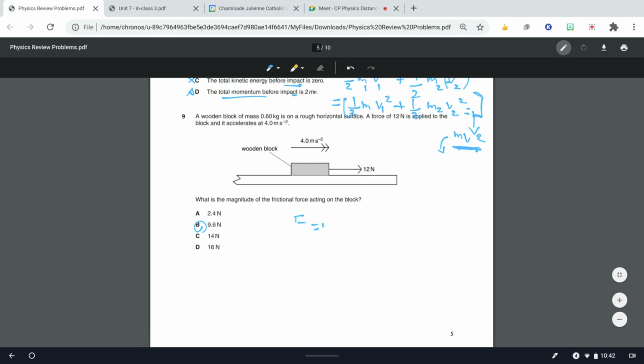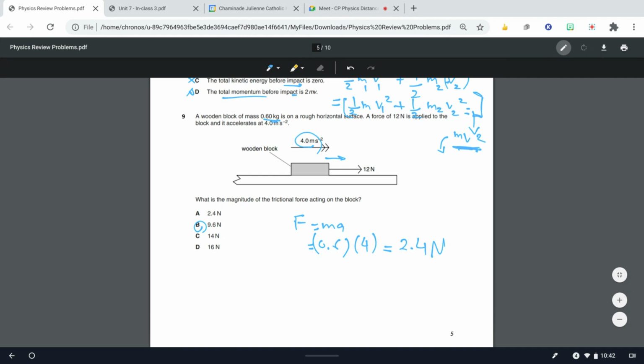F is equal to ma, or force is given by ma. Given you've got the acceleration and the mass of the block, you can find the force produced due to this acceleration. So 0.6 times 4 would give you 2.4 newtons.